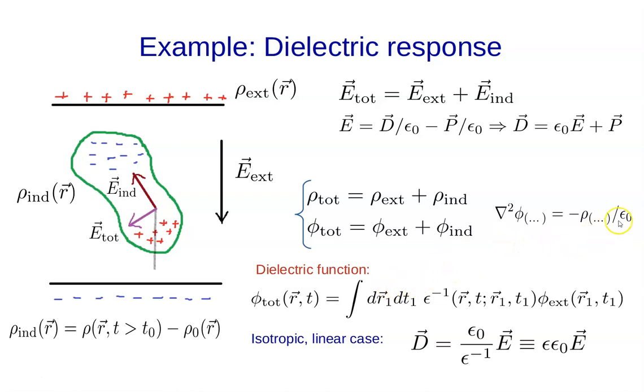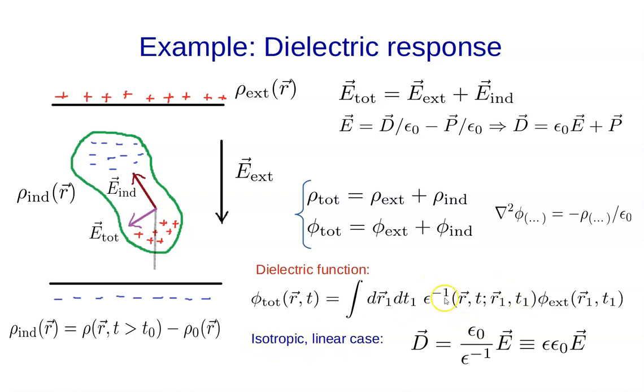The dielectric function is the relationship of the total electric potential, which is the sum of the ones caused by this charge and this charge distribution, as a proportion of the external one, as a response to the external one. So this is usually referred to as the dielectric function.